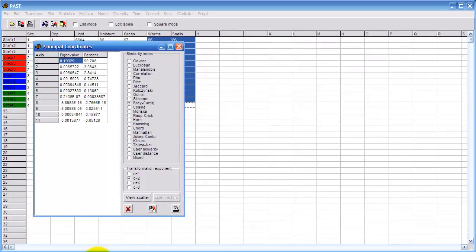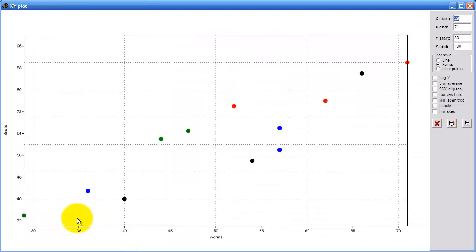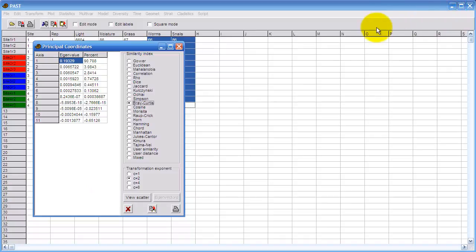And if I go back here to my scatter plot, that's because a lot of the variation is along this linear axis here. So let's have a look at what the scatter plot looks like.